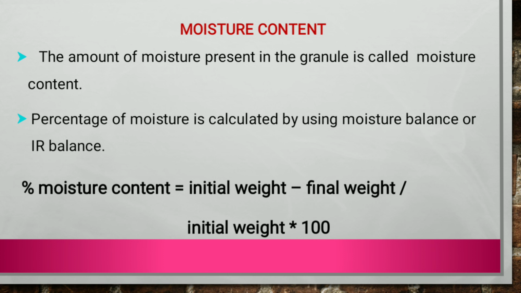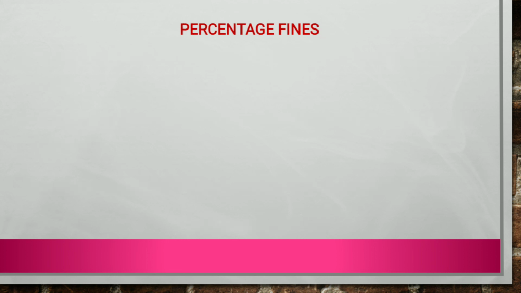It can be determined by weight loss upon drying, and generally the instruments used are a moisture balance or IR balance. Then percentage moisture content can be determined using the formula: initial weight minus final weight upon initial weight into 100.